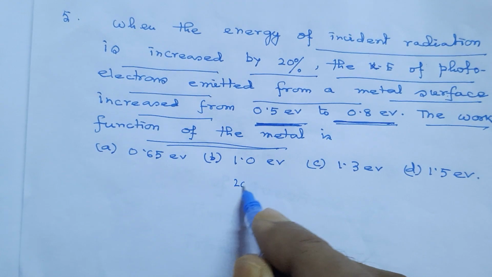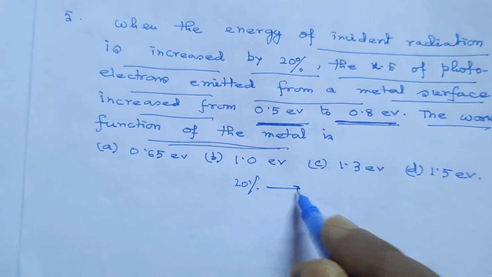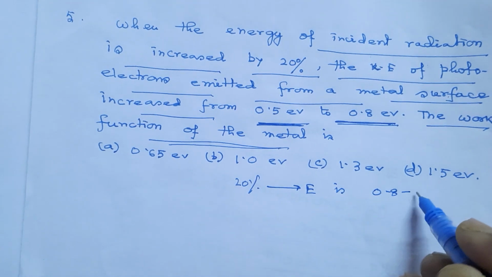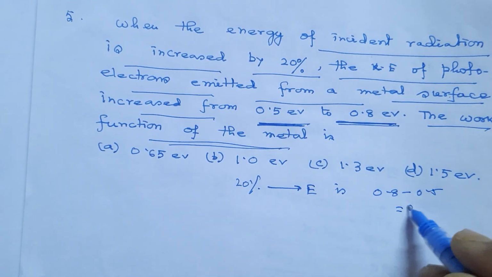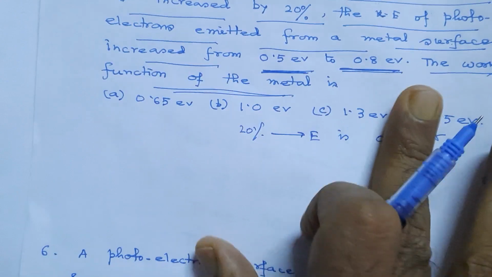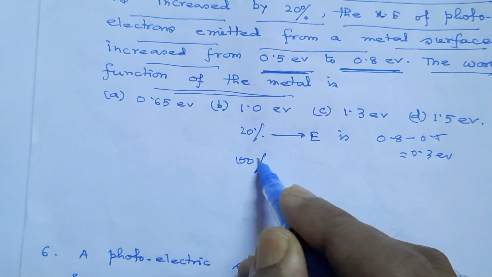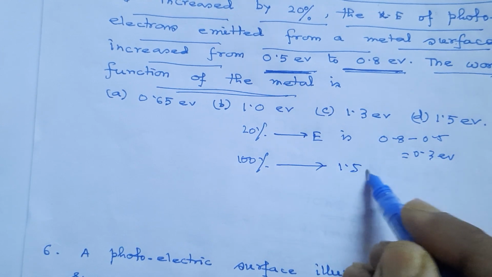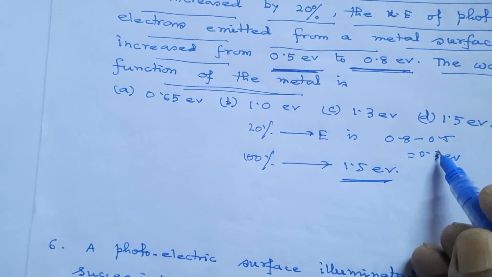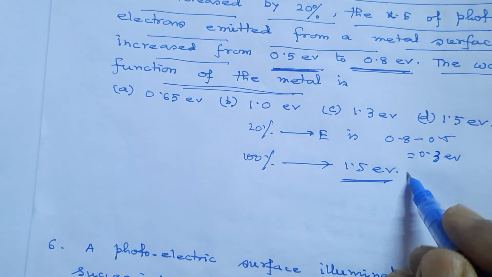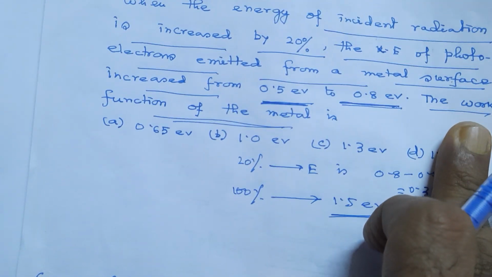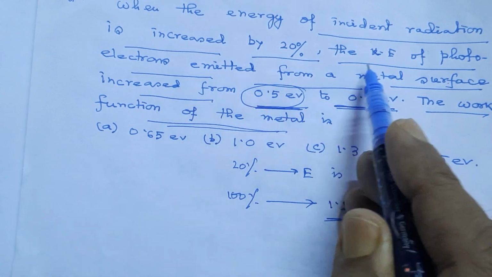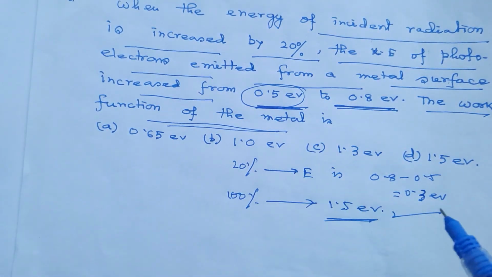So the 20% of the incident energy E is actually 0.8 minus 0.5, that is your 0.3 electron volt. So the 100% energy, incident energy, is 5 times, that is 1.5 electron volt. 20% is 0.3 electron volt, so 100% is 1.5 electron volt, of which 0.5 eV is the kinetic energy of the photoelectrons.